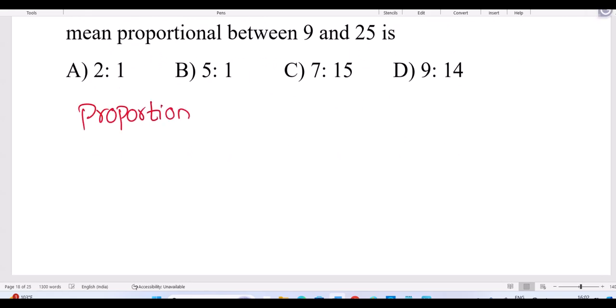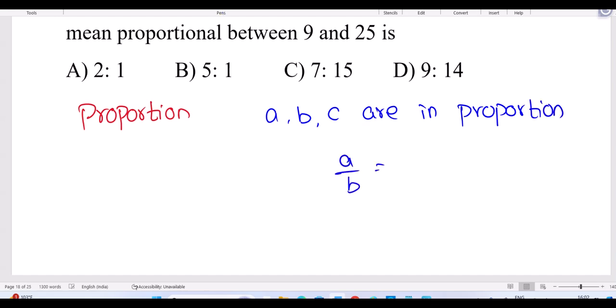Proportion, see, listen, in proportions one simple point. If A, B, C are in proportion, then I have to mention A by B must be equal to B by C. Or indirectly B square equals AC or B equals root AC.